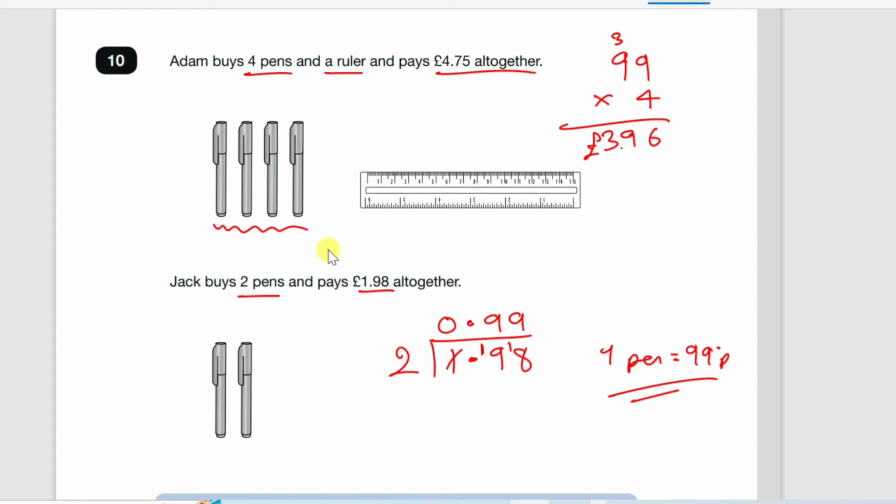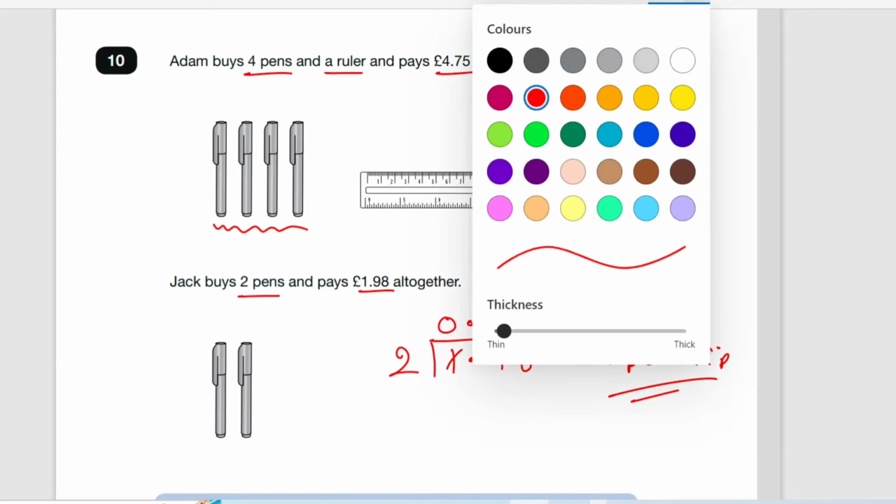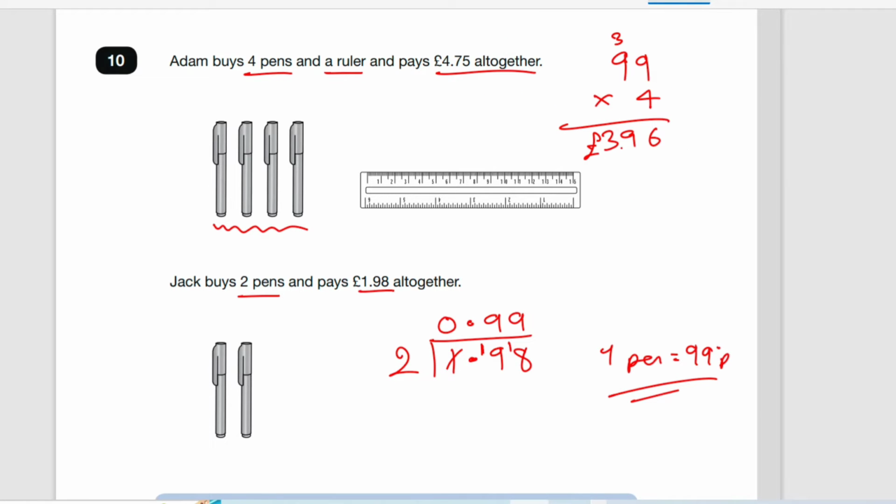So now we're going to add a ruler to it and see how much is left to get to £4.75. So we can just subtract these two numbers to get the price of a ruler. So let's do it. I'm going to use a blue pen. We've got 4.75 minus £3.96. Okay, so let's calculate. 5 take away 6 you can't do, so you borrow from the 7, becomes a 6. 15 take away 6 is 9.